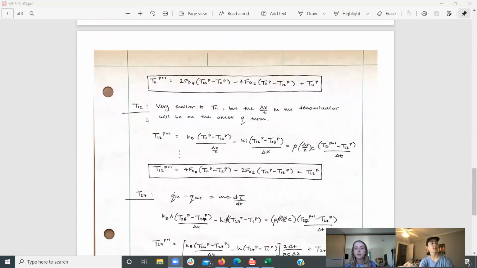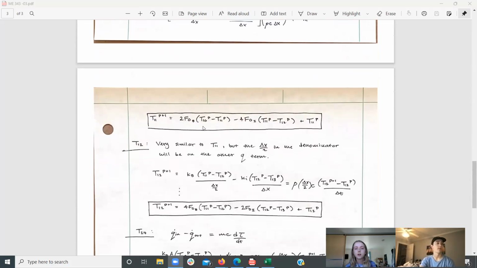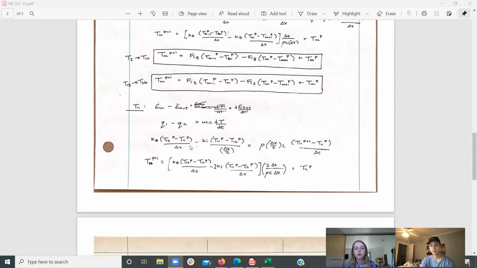T11 and T12 are specific equations. Because both of these nodes are experiencing conduction from brick and from insulation, they have similar equations. However, T11 is experiencing conduction via the brick over an entire node, or entire delta X, and experiencing conduction through the insulation only over half of a node.